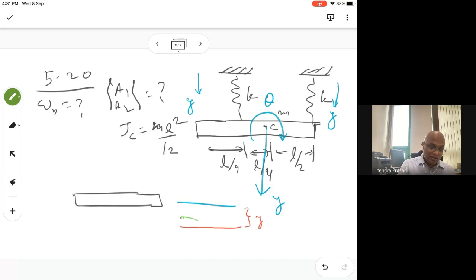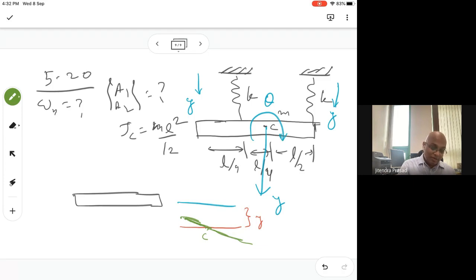Clockwise, so it will be like this. This y is because of the vertical. This one has 2 degrees of freedom. The first degree of freedom is the translational motion, which is y, going from here to here, and then you are rotating about point C.